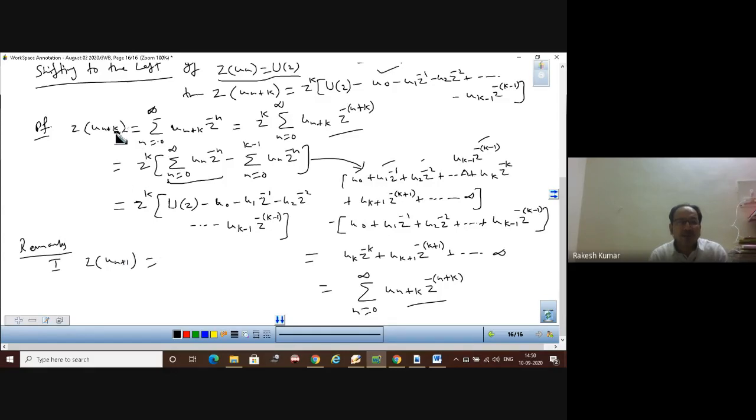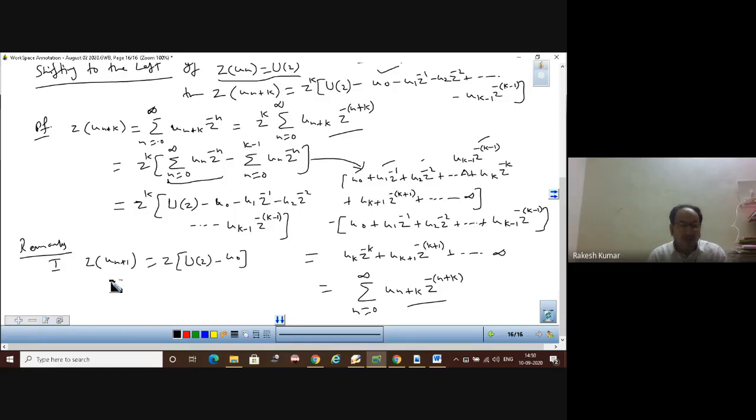When you put k equal to 1, you will get z raised to power 1 times U(z) minus... K equal to 1 means only this value will survive, and the term left with us will be only u_0, because for k equal to 1 the other value will be 0. So what will be left with us? That will be u_0.